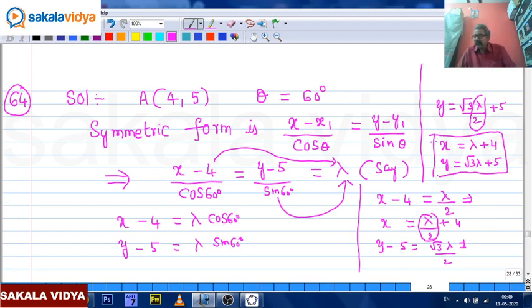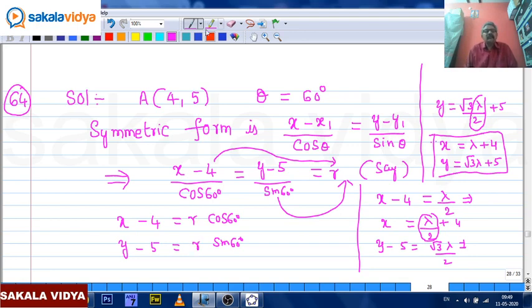So which is the right option? x is equal to lambda plus 4, y is equal to root 3 lambda plus 5. Or better, so you won't get any confusion, you can change the parameter. Say this is R, this will be R, this will be R. Then you need not get any confusion.